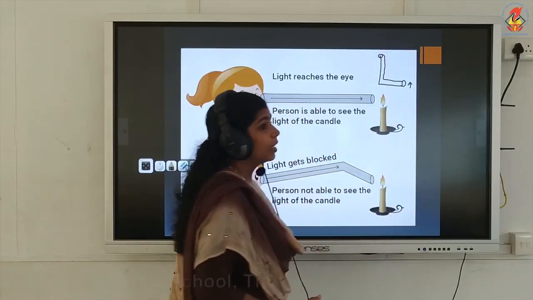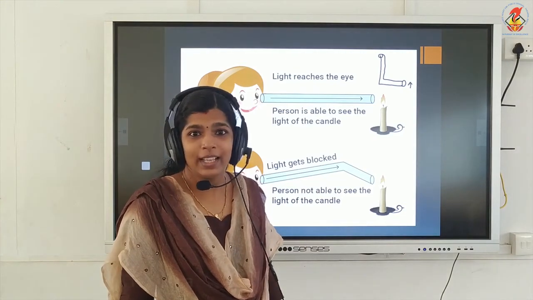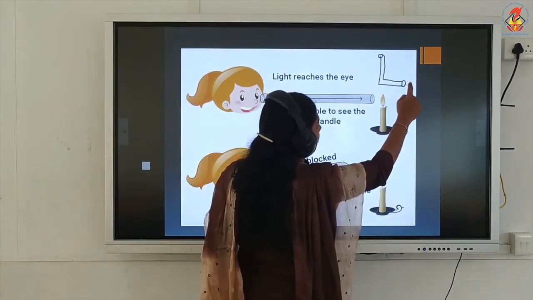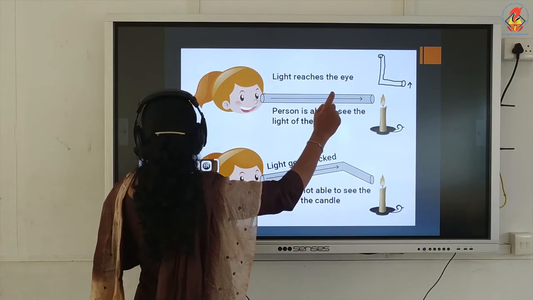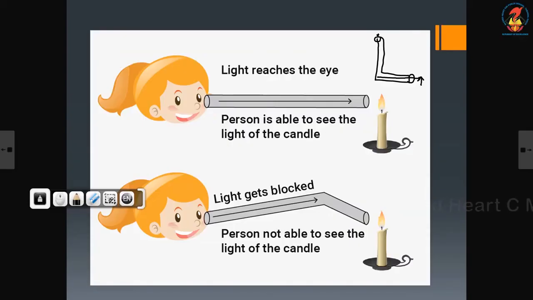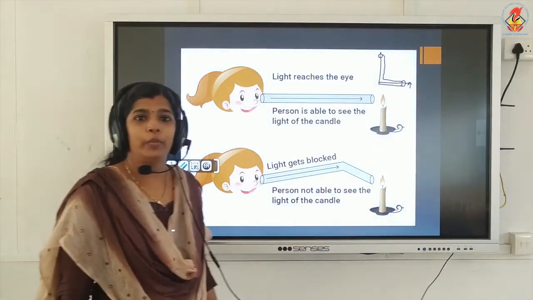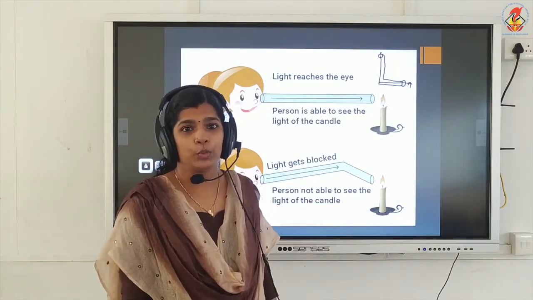No, we can't see the candle, because light from this candle will move in this direction and it gets blocked. The light reaches here and gets blocked. So we will not be able to see through an L-shaped tube.